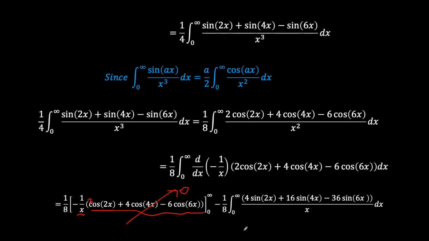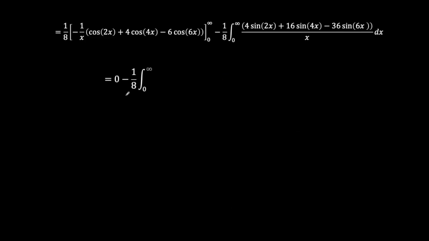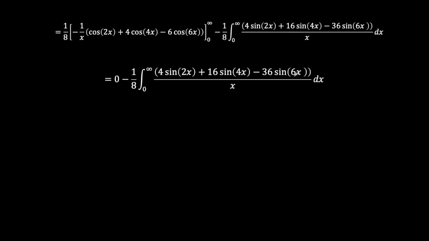And now we are left with that interesting term. So we are left with 0 minus 1 over 8, the integral of 4 sine 2x plus 16 sine 4x minus 36 sine 6x. Now, this 0 obviously is 0. Now this negative here and this negative interact, and so we have 1 over 8 times the integral from x equals 0 to infinity.